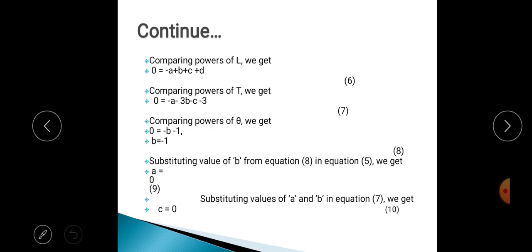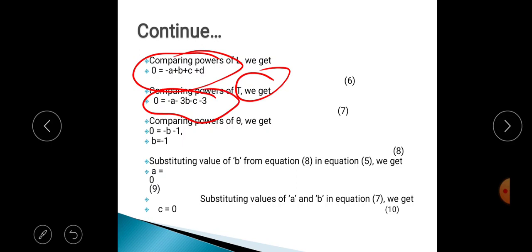Next, comparing the powers of L, we get minus a plus b plus c plus d is equal to 0. Comparing the power of T, we get 0 is equal to minus a minus 3b minus c minus 3. And on comparing the power of theta, we get 0 is equal to minus b minus 1, so b is equal to minus 1.